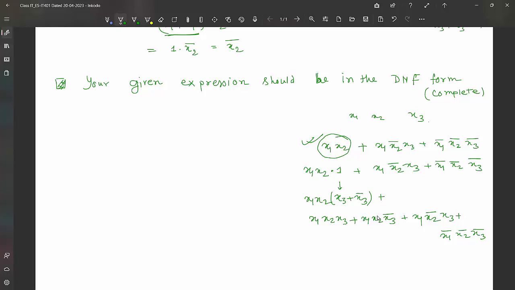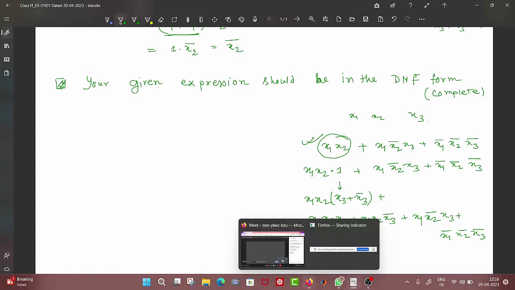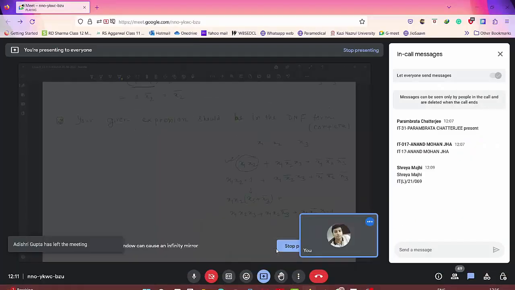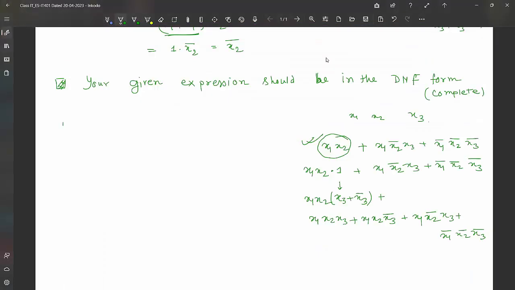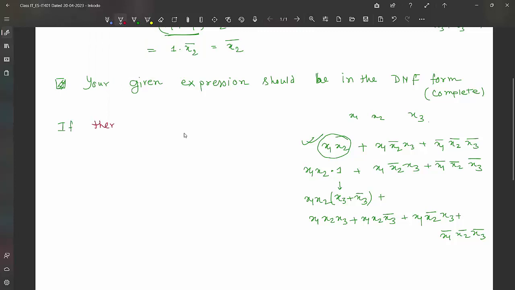Now how to use the Karnaugh map and what is the simplified way? So if there are 2 variables, this is very important. If there are 2 variables, suppose x1 and x2, instead of that you may get x and y also.